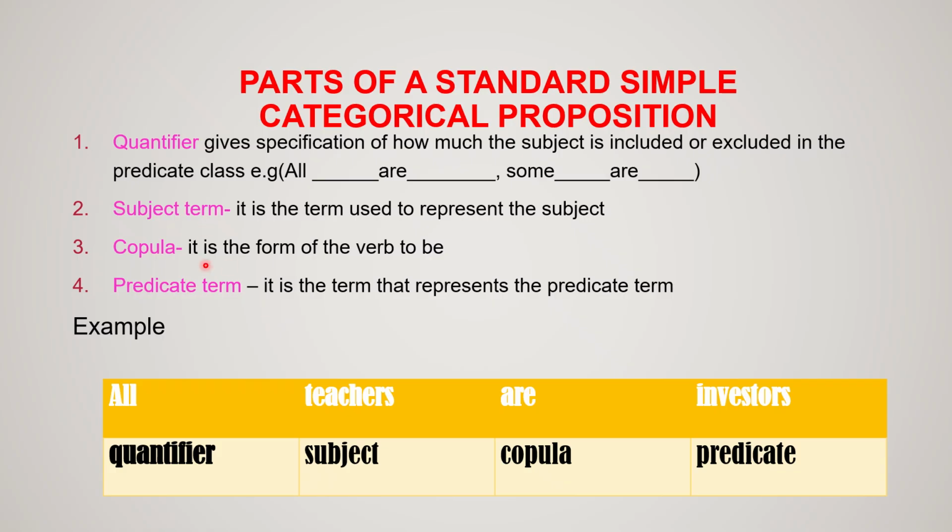So remember the four main parts of a standard simple categorical proposition. And remember the word standard, something that is standardized. They must have a quantifier, a subject, a copula, and a predicate.